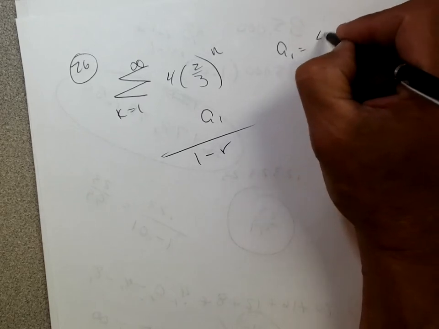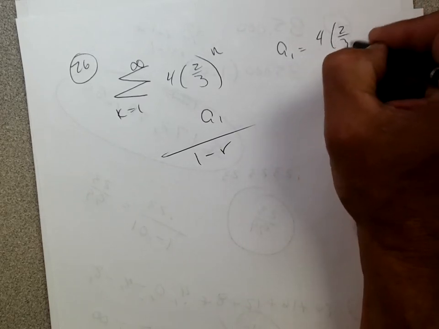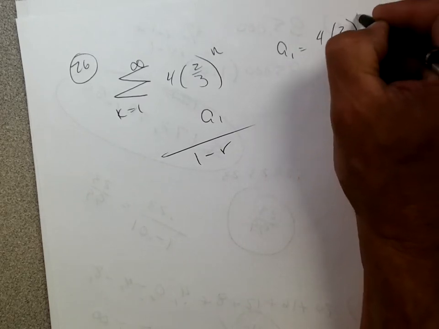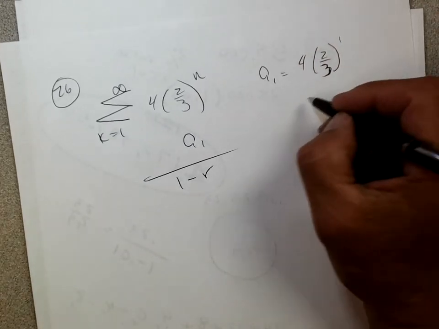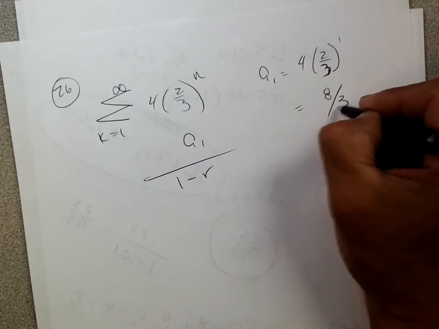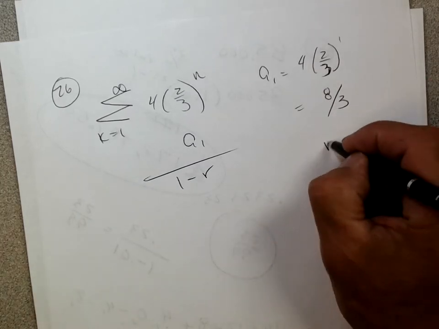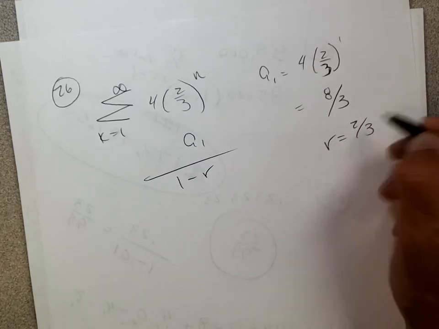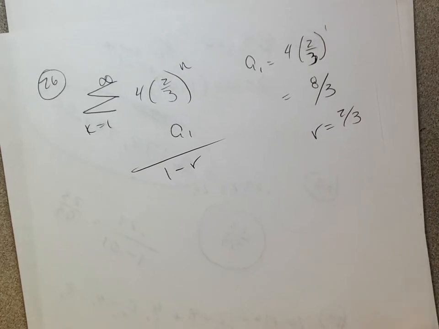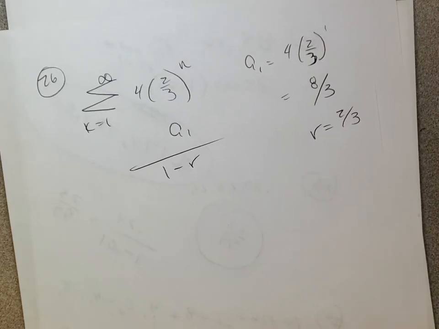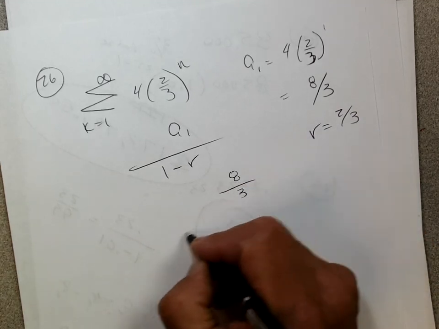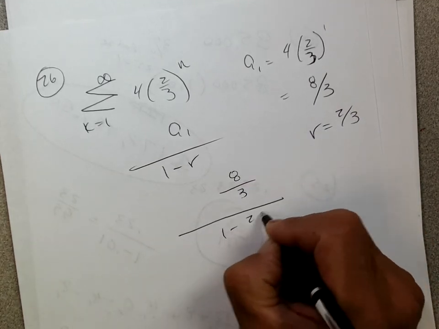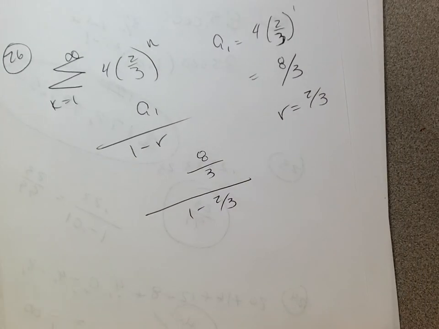A1 is equal to 4 times 2/3 to the 1 power, which is 8/3. Our multiplier is 2/3. Girls, shh, almost done. So I'm going to have 8/3 over 1 minus 2/3.